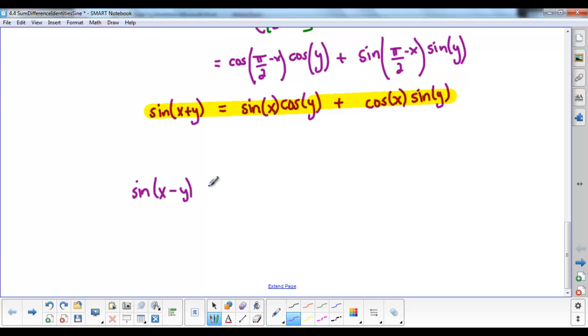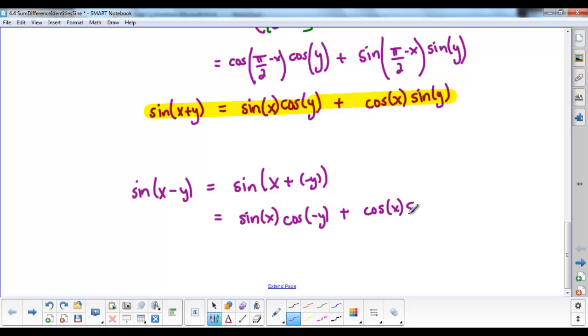So essentially what this is, sine of x plus a negative y. So now we can use what's above to expand. So it looks like we have sine the first thing, and then cos of the second angle, plus cos of the first angle, and then sine of the second angle.